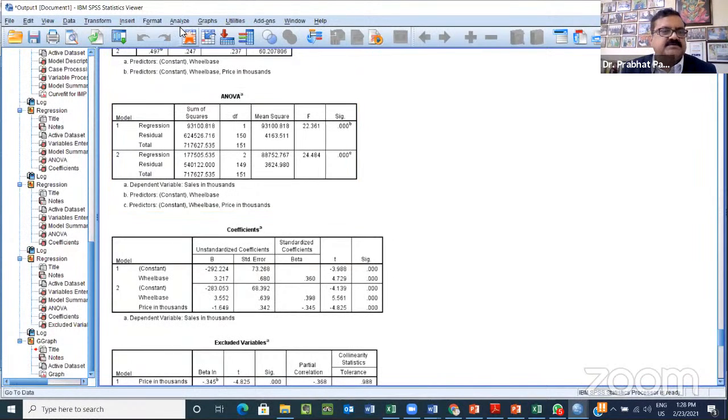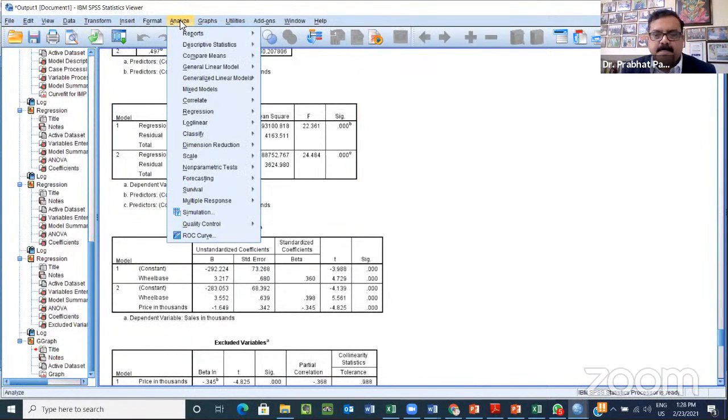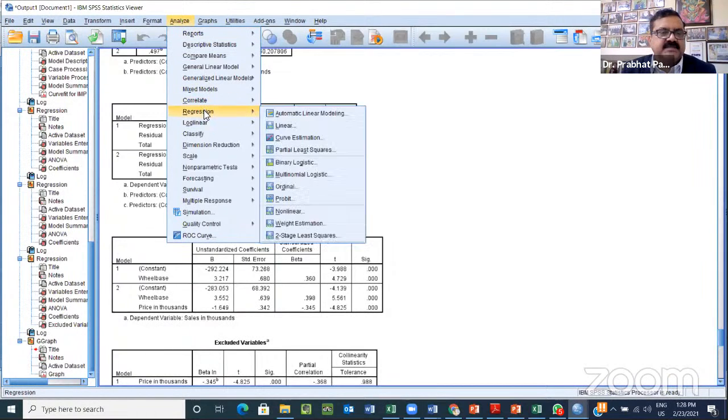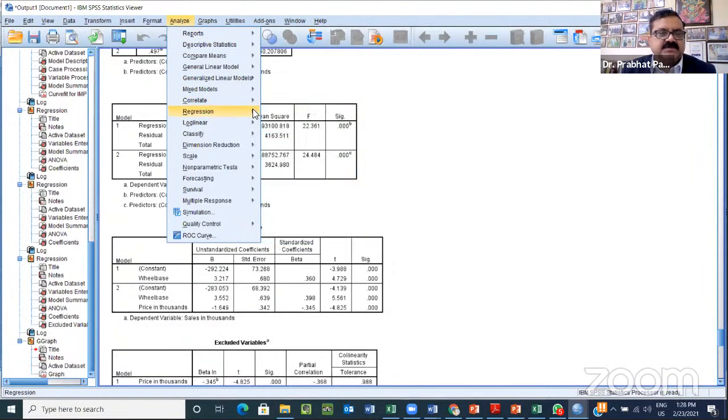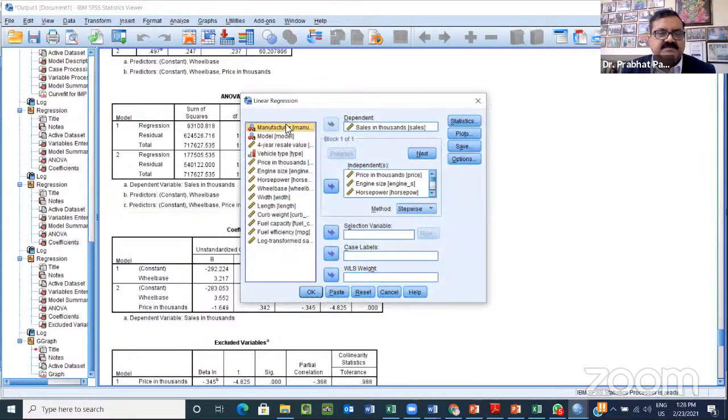Okay, fine. So go to Analyze, go to Regression, go to Linear. Enter the variables. Go to Method. There is something called Method over here. If you click this drop down menu, you have the different methods over here: forward, backward, stepwise, right?